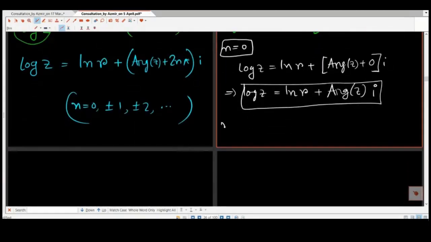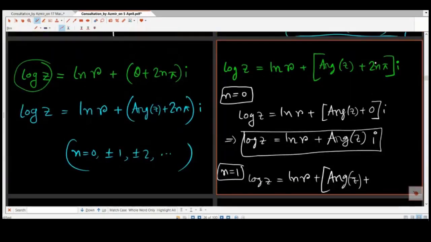If we input n equals 1, then log z equals natural log of r plus argument of z plus, n is 1, so 2 pi i.